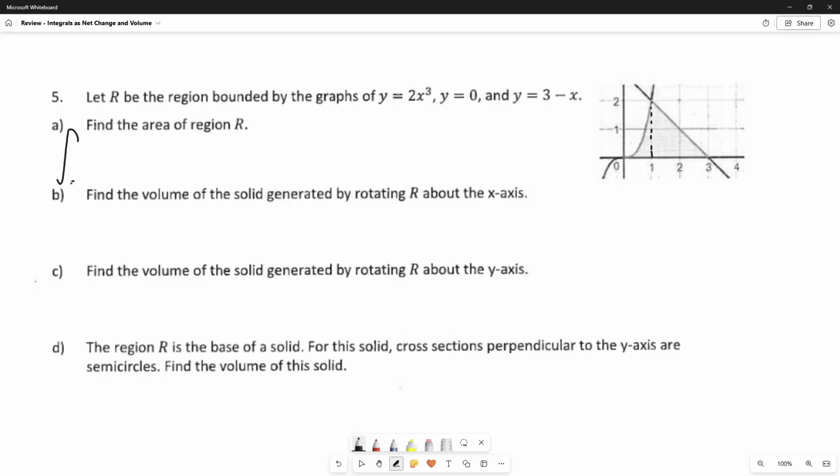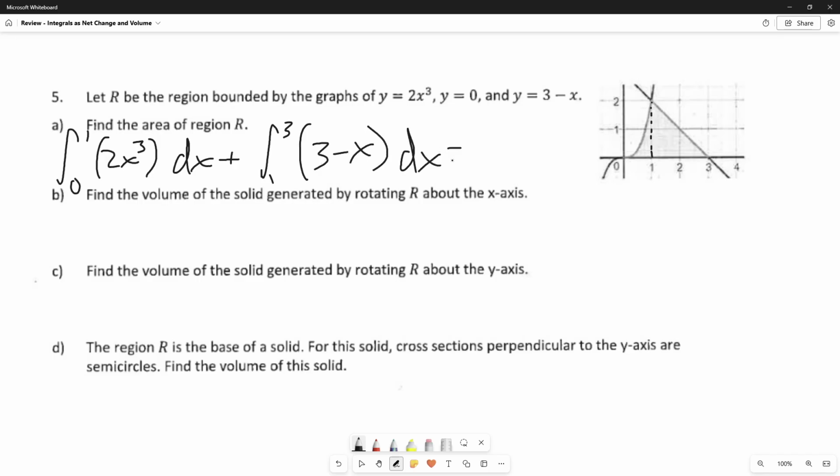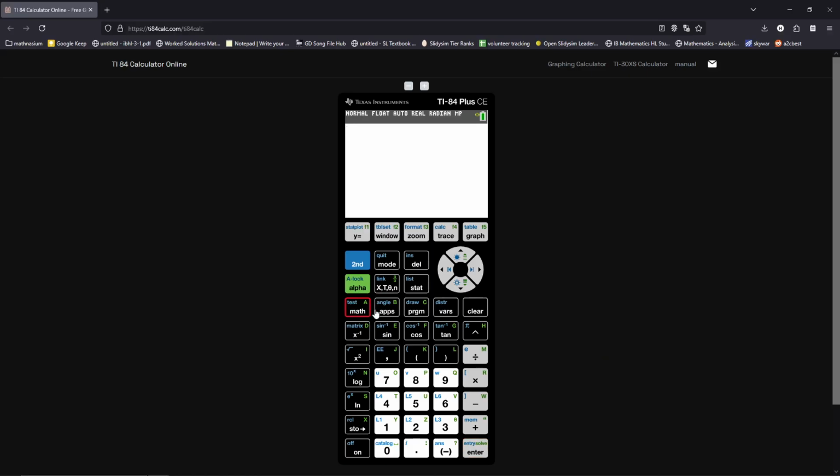And your equations are going to be 0 to 1 for 2x cubed dx plus 1 to 3 of 3 minus x dx. And putting this into the calculator, you can just do like this.